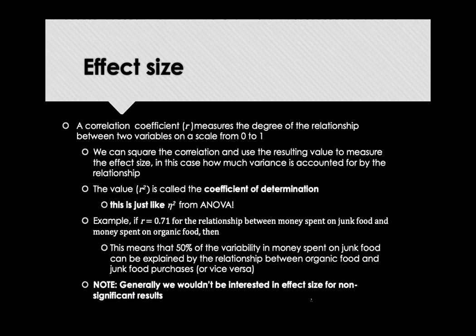And just like before, if you get a non-significant result, if you fail to reject the null hypothesis, you don't need to go further and compute or interpret effect size. You only want to know the size of an effect when you have a significant effect. If it's not significant, it doesn't really make sense.